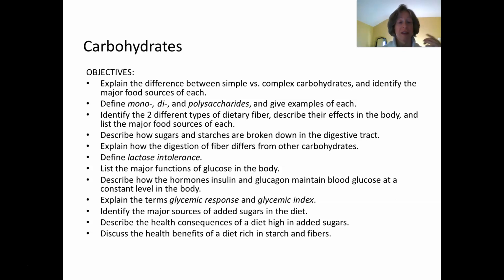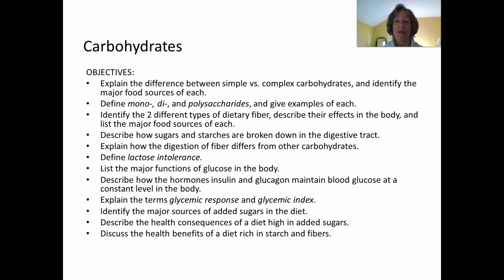So the opposite is: discuss the health benefits of a diet rich in starch and fibers. Higher starch foods tend to slow down the absorption of glucose, but they're best when they're combined with fiber. So if you're consuming high starch foods, especially fruits and vegetables, and grains that are high in starches, make sure they're in their whole form, because in their whole form they have fiber as well.